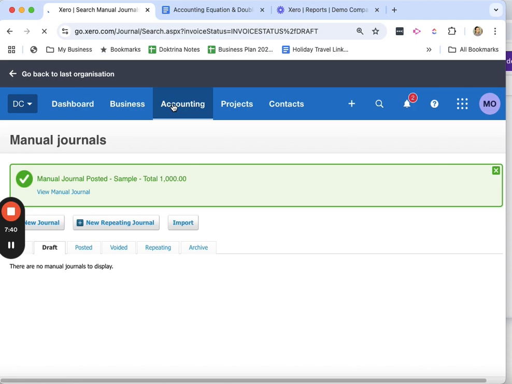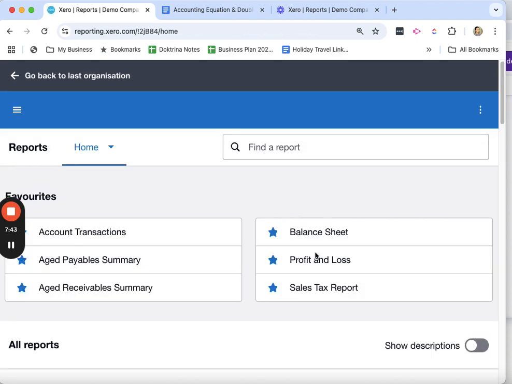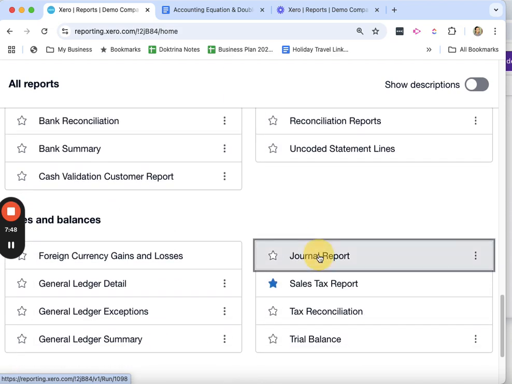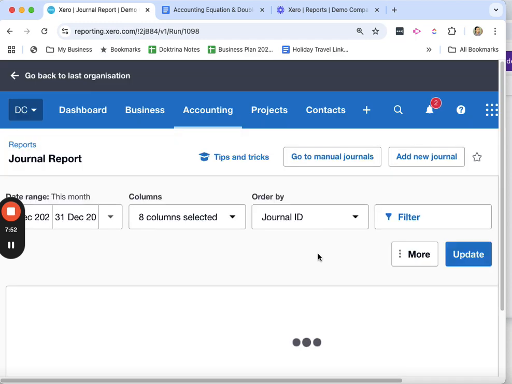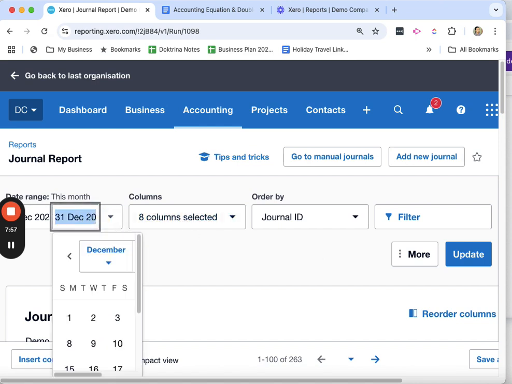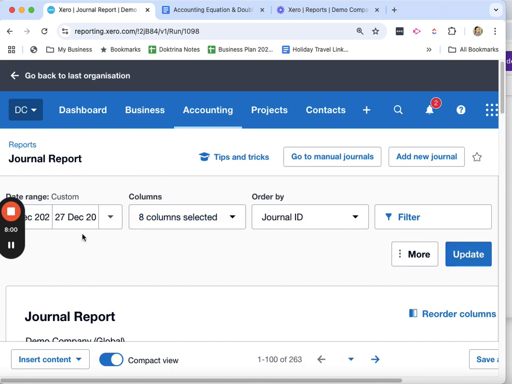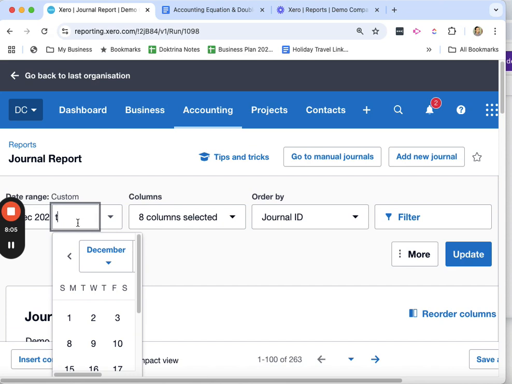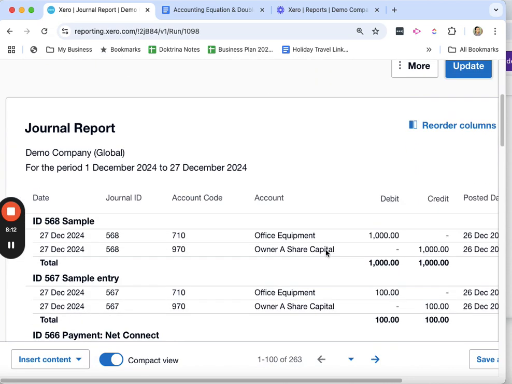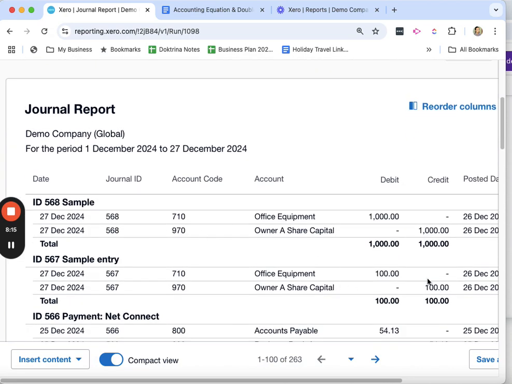So we go to reports and you scroll down, you see the journals report. Click on that and you will see all of the records within the system came from the journals. So in this example, I put the date as today and then update, and you will see that there is a journal for what I have done earlier.